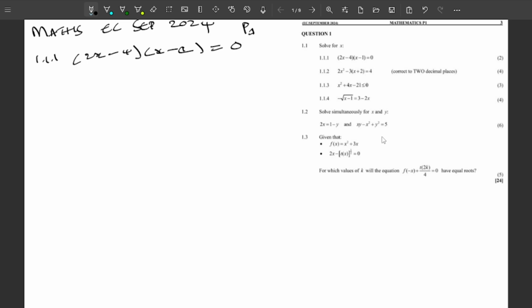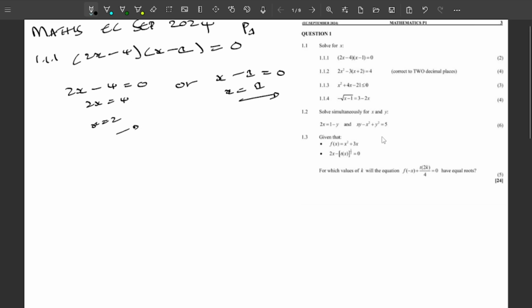Now they say solve for x, so in this case the only thing we have to do is equate both factors to 0. 2x minus 4 equals 0, or x minus 1 equals 0. Then 2x equals 4, so x equals 2, and on this side x equals positive 1.